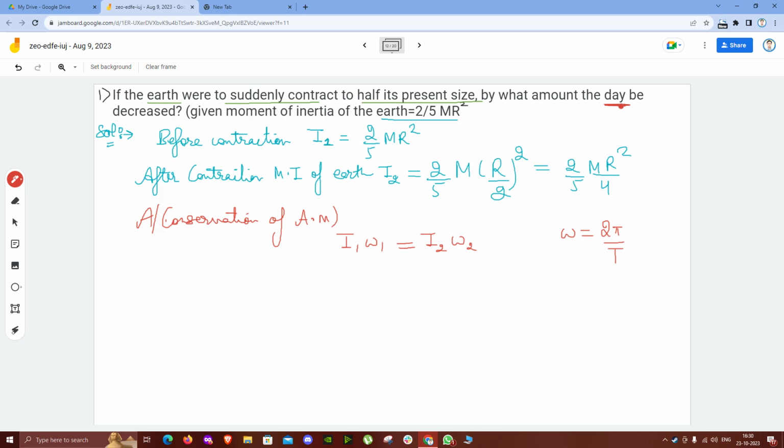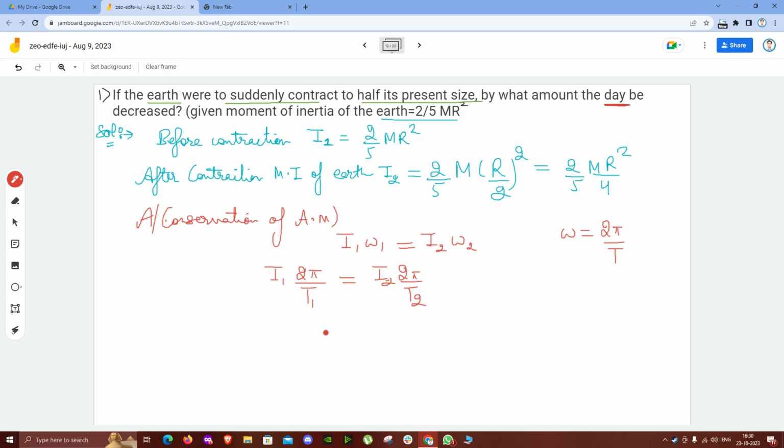We will find out how many hours there will be in one day if the size decreases to half of its present size. So let's write I1 times 2 pi by T1 equal to I2 times 2 pi by T2.